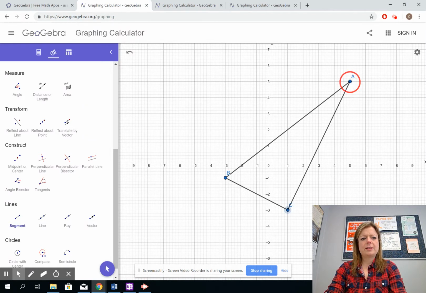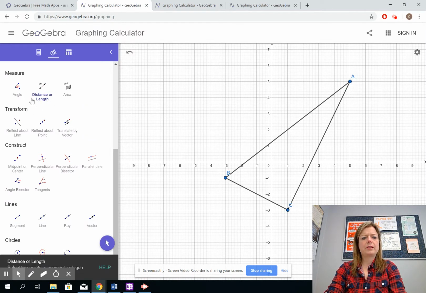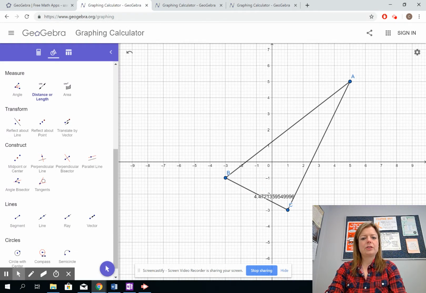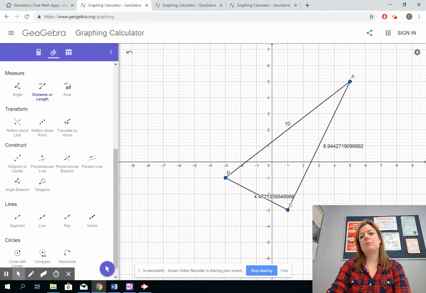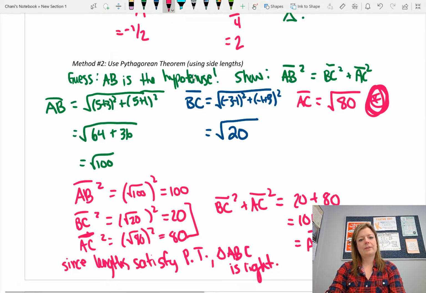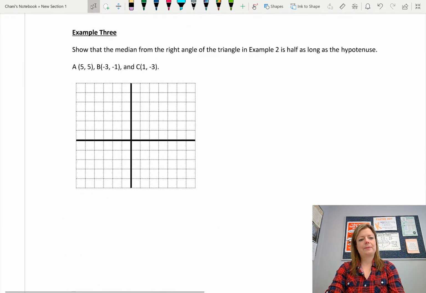And notice here under measure, I can click distance or length. And then I can just click each one and it will tell me how long they are. So then you can put these decimals into Pythagorean theorem and show that they work. So there you go.